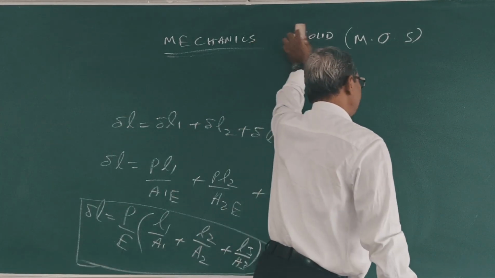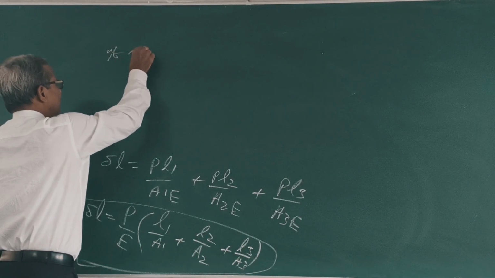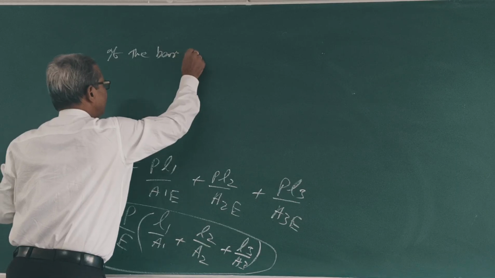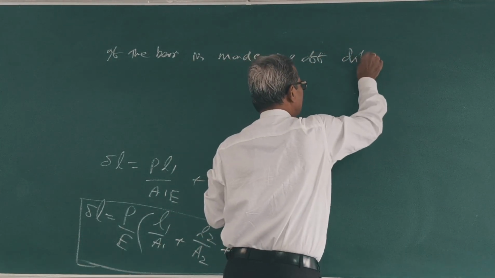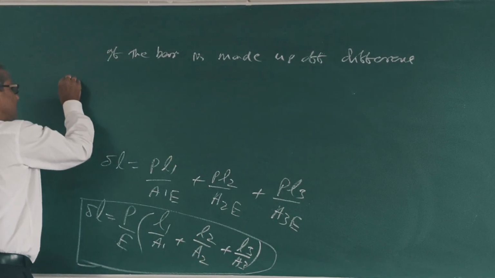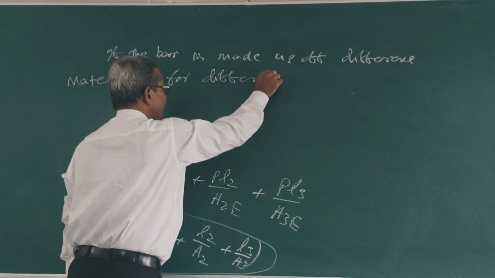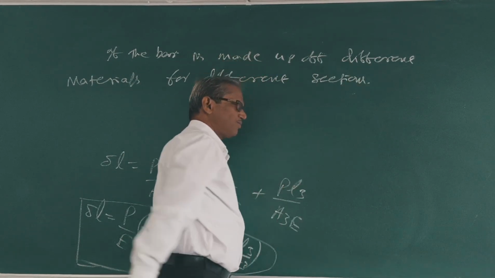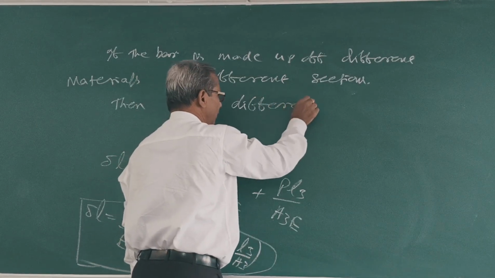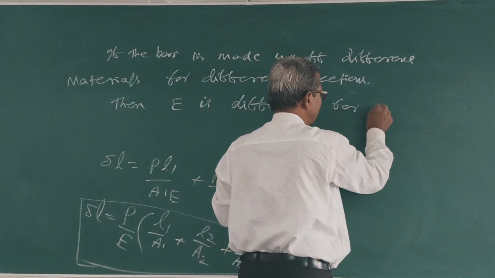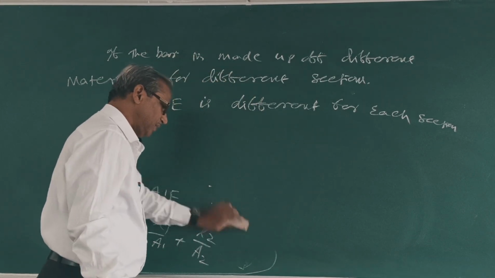If the bar is made of different materials for different sections, then E is different for each section. Clear?